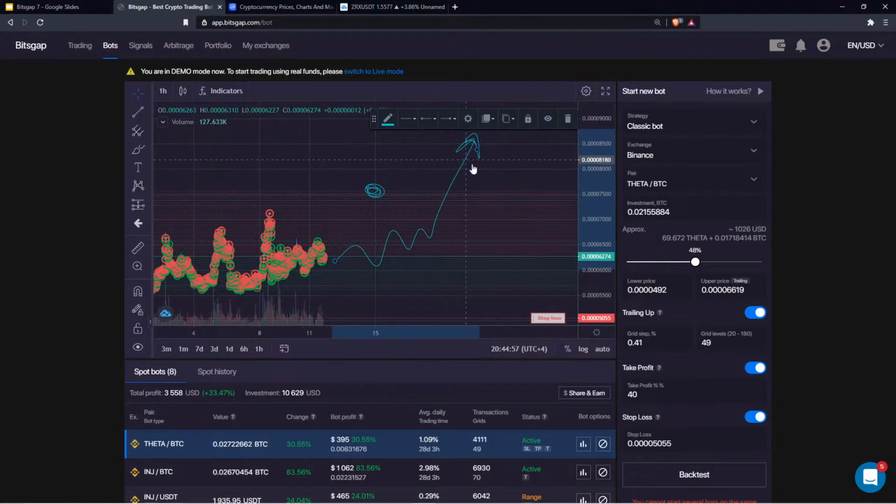So it won't continue trading for you as the price has breached the upper limit. Whereas when you have the Trailing Up on, that means that your trading range, which is right now over here, will follow the market.